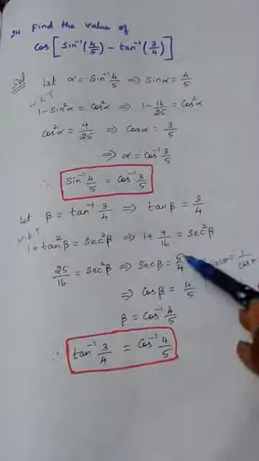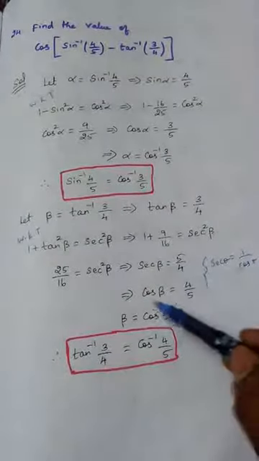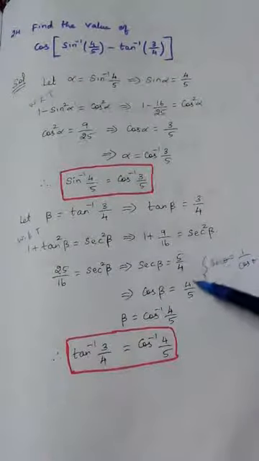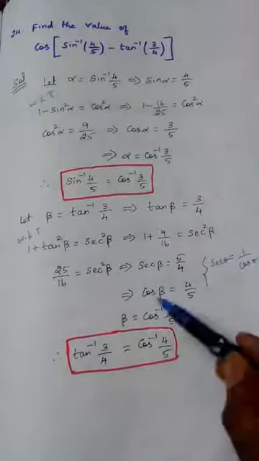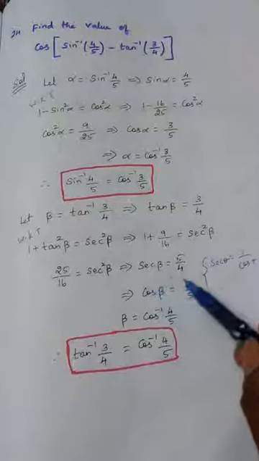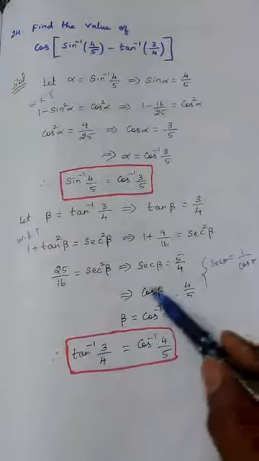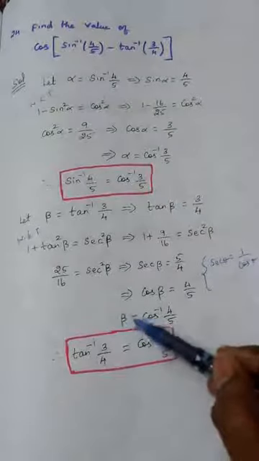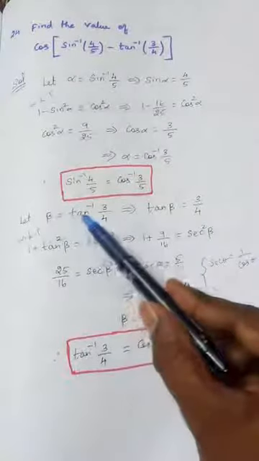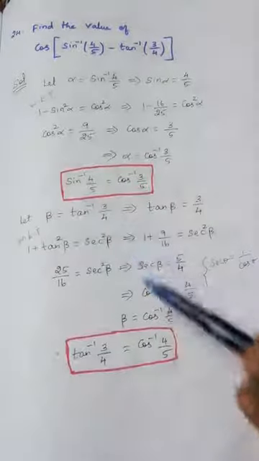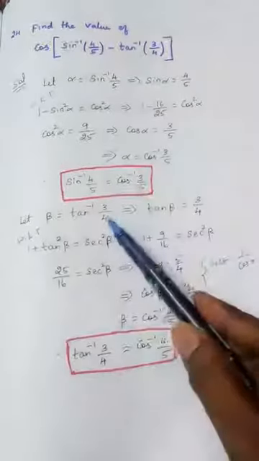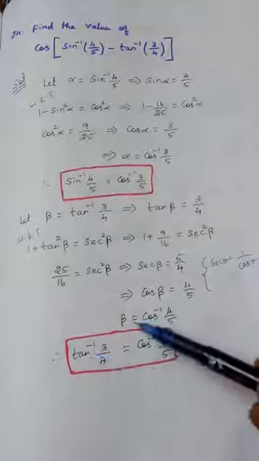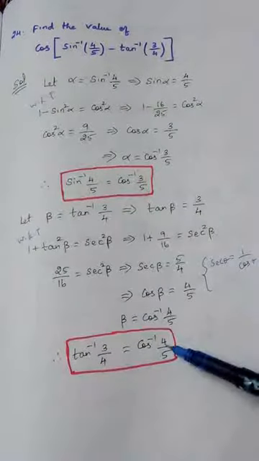So secant beta is 5 by 4 means, what is cos beta? Just the reciprocal, 4 by 5. So cos is going to the other side, beta equals cos inverse of 4 by 5. But what is actually this beta? We started with beta equal to tan inverse 3 by 4. So take this beta out and put tan inverse 3 by 4 equals cos inverse 4 by 5.